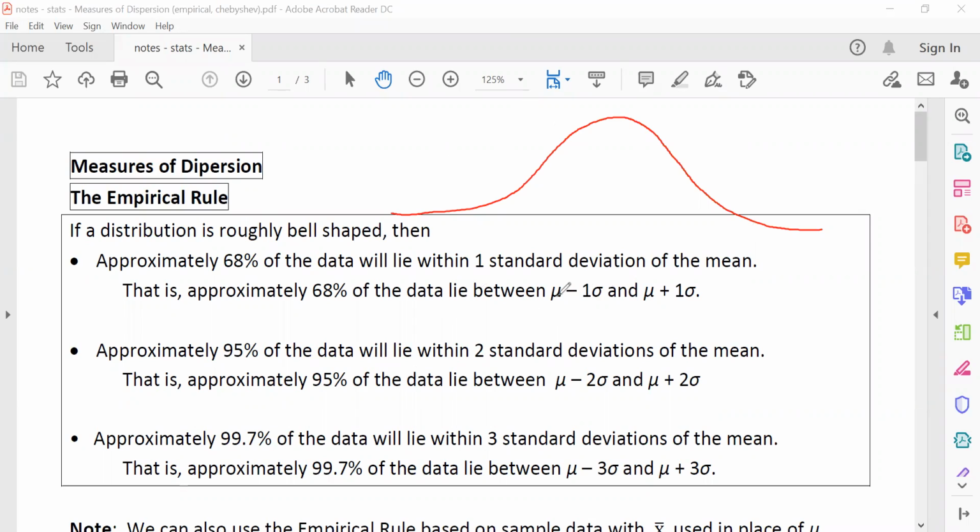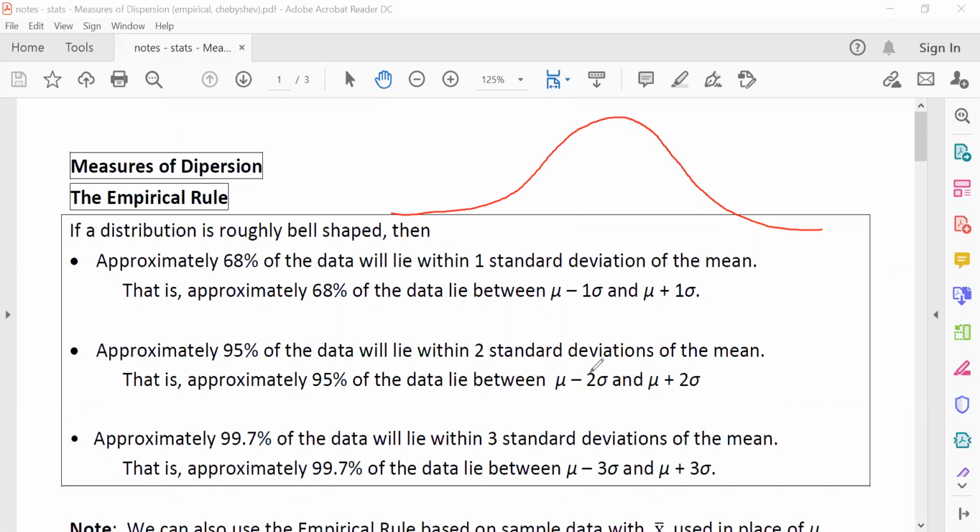In other words, if you were talking about a population, whatever the mean value is, if you subtract 1 standard deviation and you add 1 standard deviation to it, about 68% of the data is going to fall between those boundaries. About 95% of the data is going to fall within 2 standard deviations of the mean.